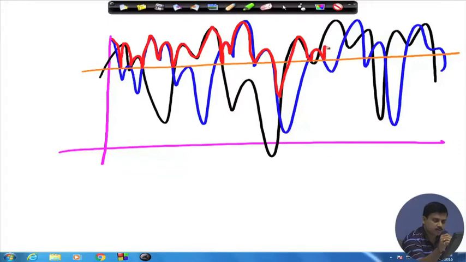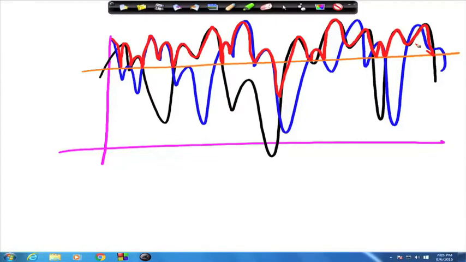Here it would cross over, at that point it would switch, it would stick with the black, then it switches again. The advantage of this is that unnecessary switching is reduced in this particular technique, and the complexity can be well handled. So this is a more practical technique which is also used in selection combining.